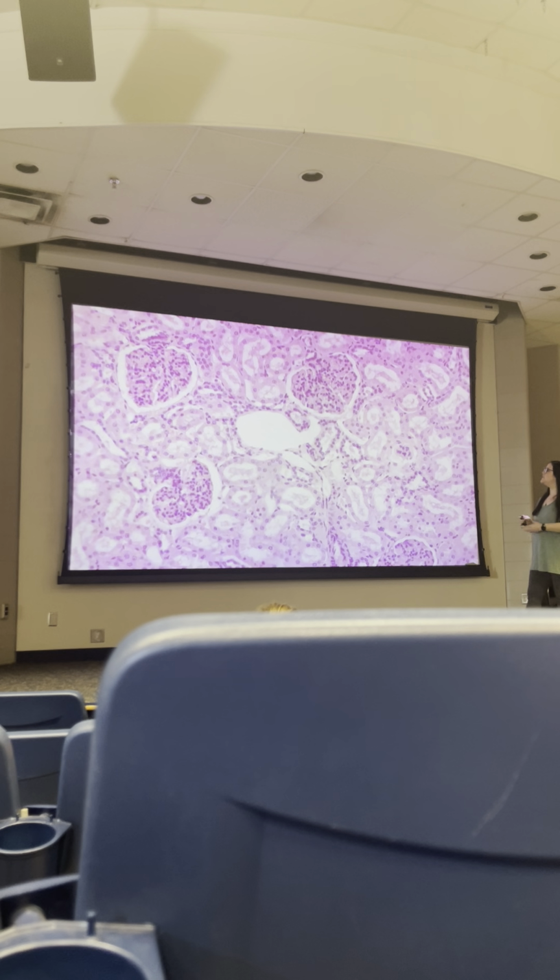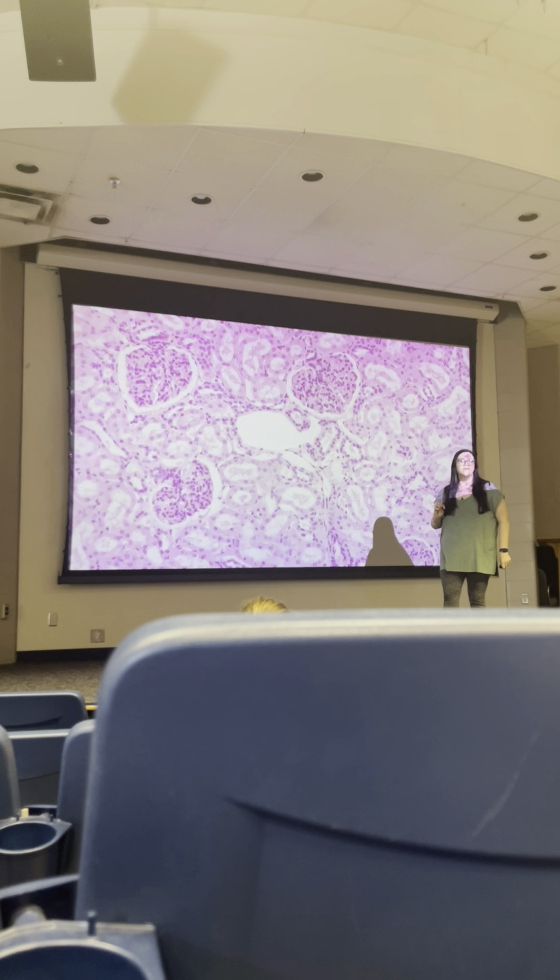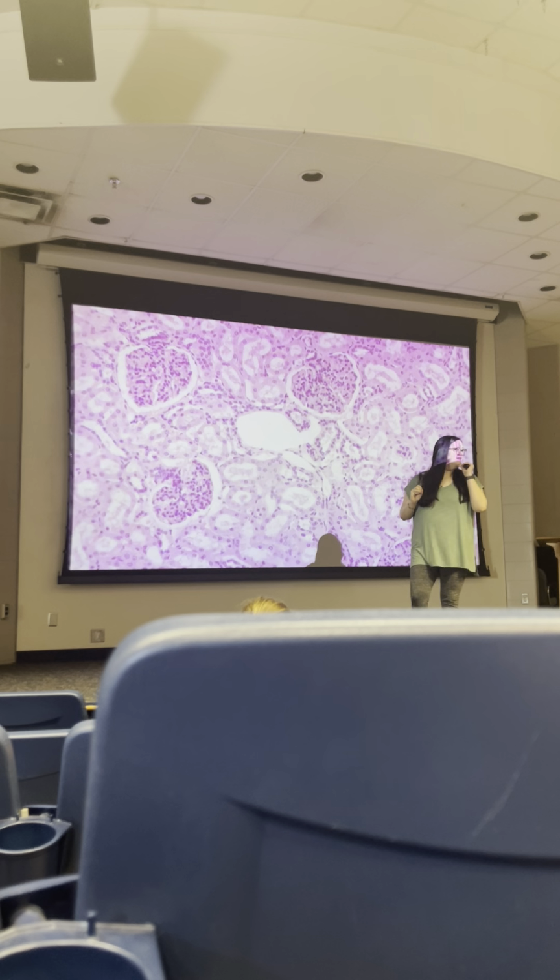Because this picture is hazy, I wouldn't really want you guys to know the difference between proximal versus distal convoluted tubule, but you should know that the major difference between them is one of them has an additional structure that helps out. What does the proximal convoluted tubule have that our distal convoluted tubule does not? What is it?